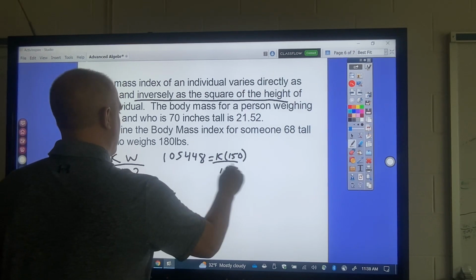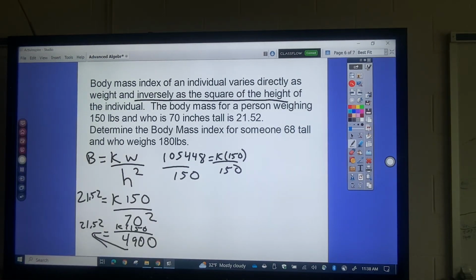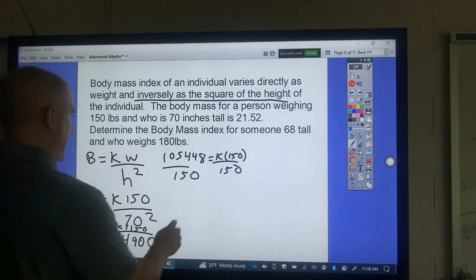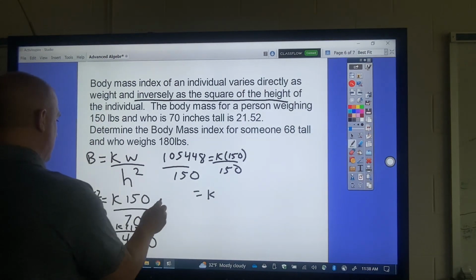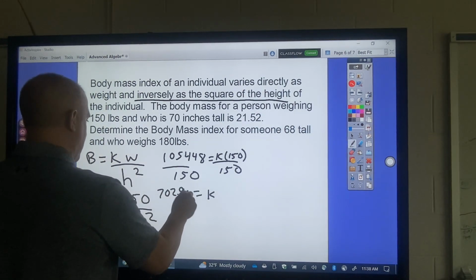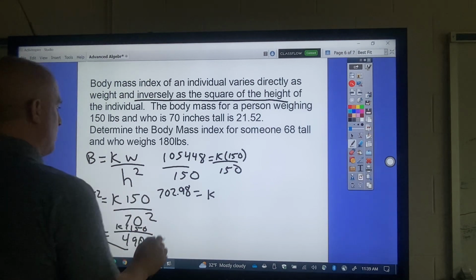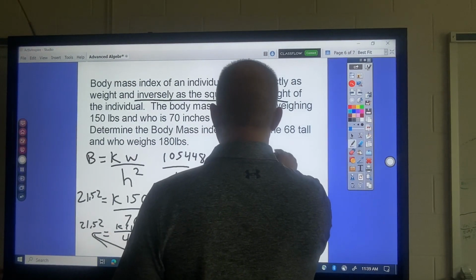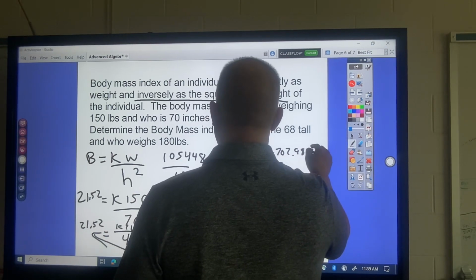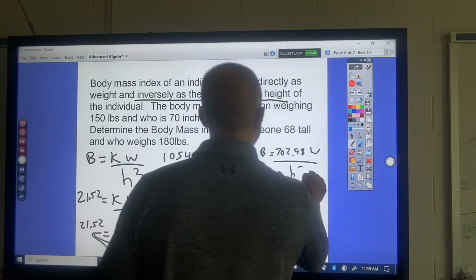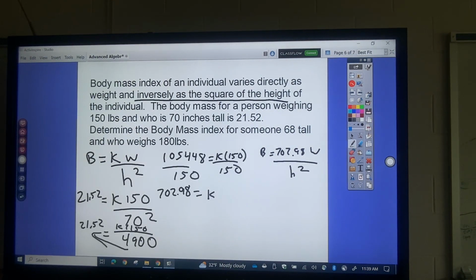Then I divide that by 150. I get k equals 702.98. I think that's right. So what we want to do is rewrite this as B equals 702.98 times W over H squared. They say determine the body mass index of somebody that's 68 inches tall and weighs 180.